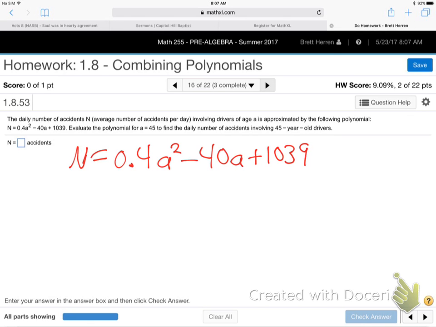You can really skip all those words and just focus right in there, huh? They just want you to plug 45 in for A in both A slots. So it plugs in right there and right there. Plug that in, parentheses around the 45, and use your calculator. Do the powers first.